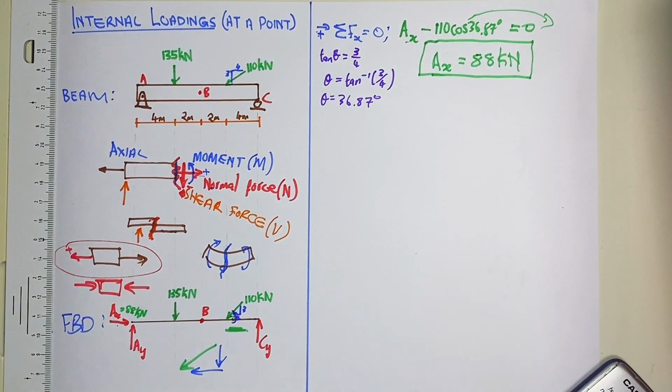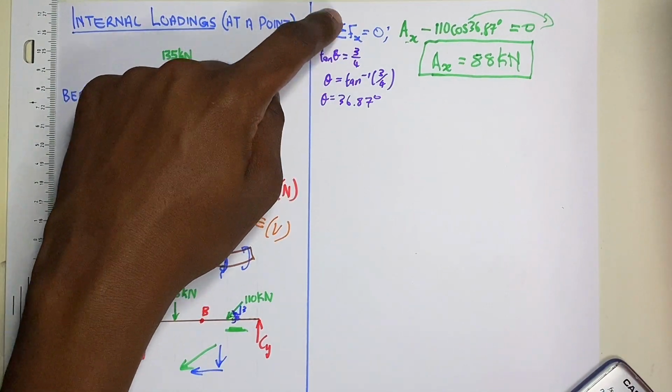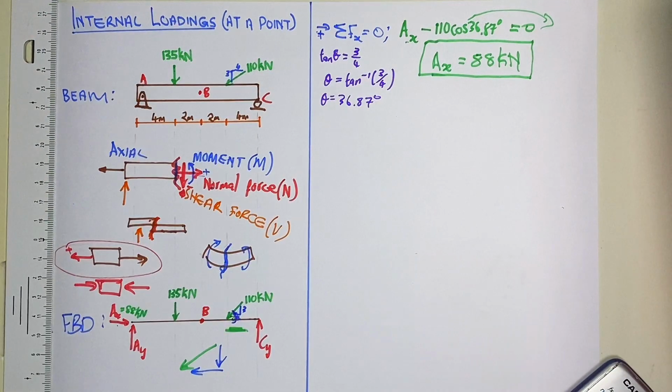I've already used the sum of forces in the x-axis. What else do I have? I have the sum in the y, but then I have two unknowns, so that is not yet useful for me.